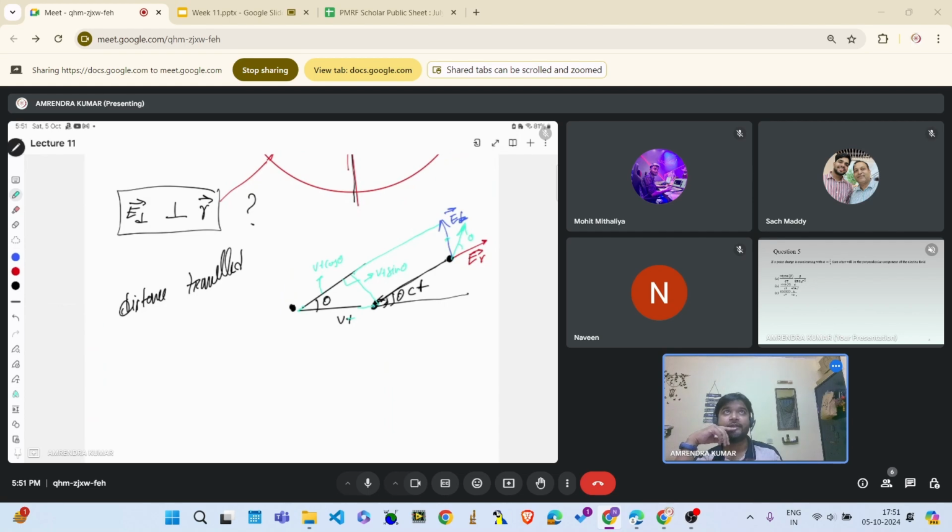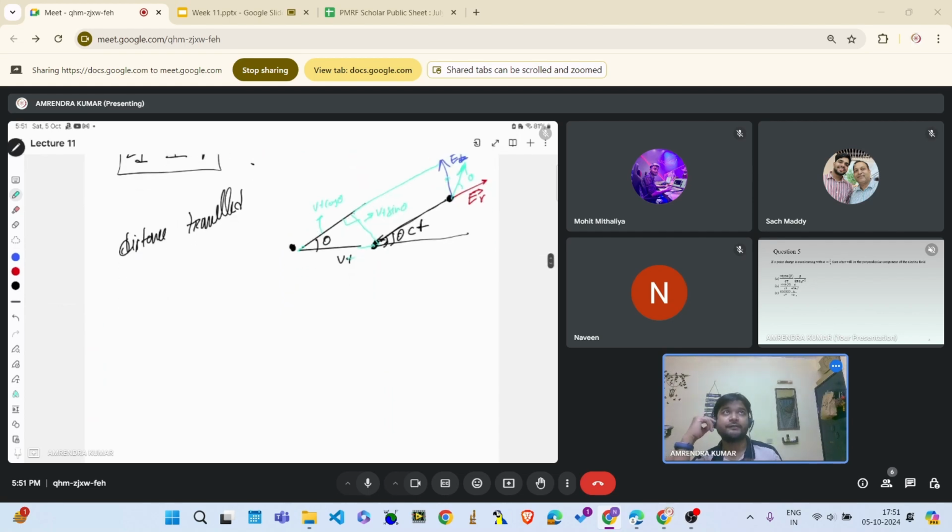Now that's enough. We can make this analogy here. The distance that we traveled was c into tau.